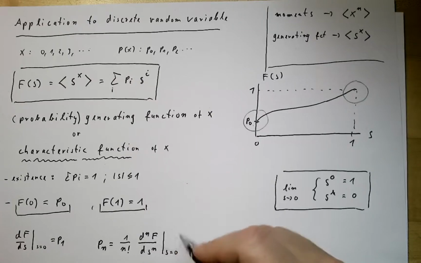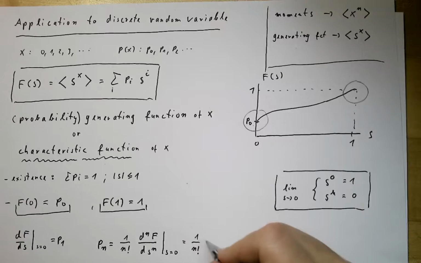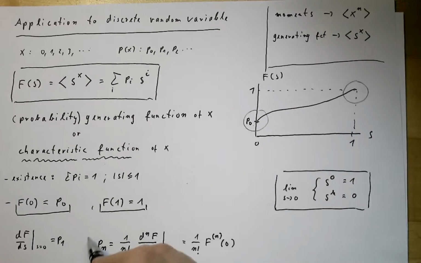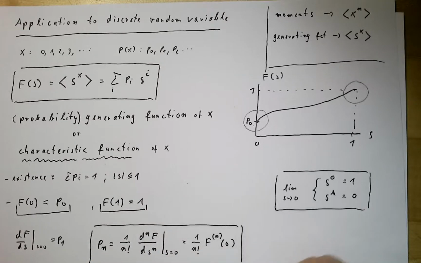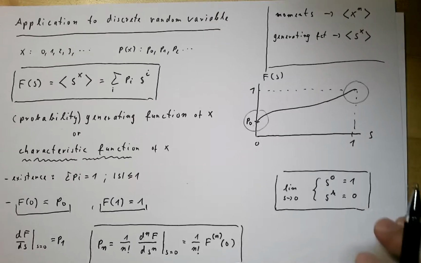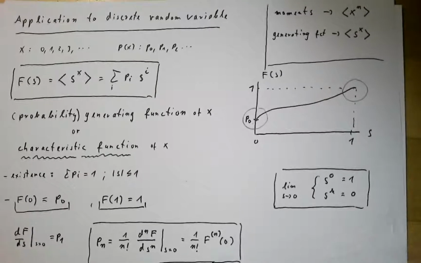Sometimes we write this like 1 over n factorial times f, the nth derivative at the position 0. And so this is the first important formula for the generating functions.